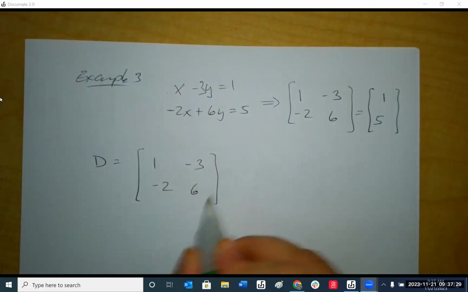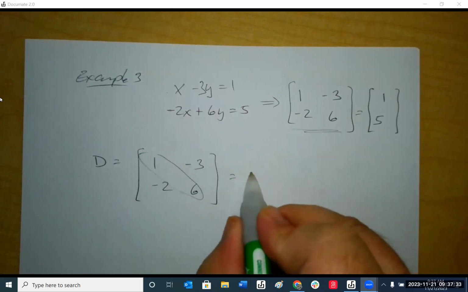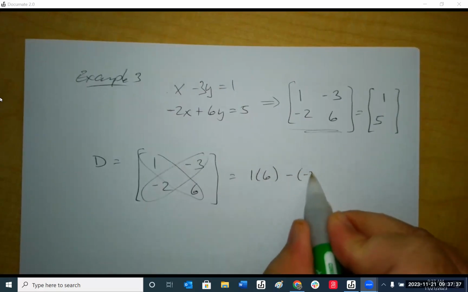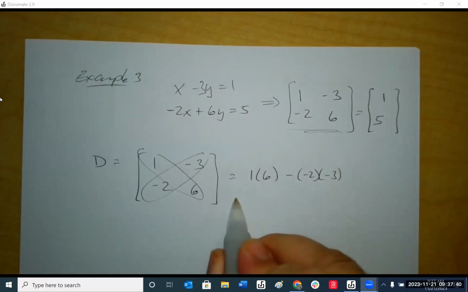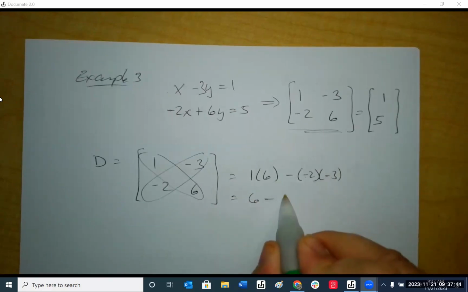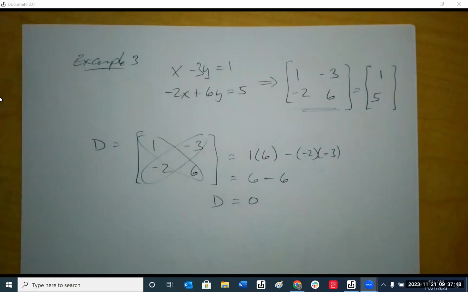So this original one is this one. 1 times 6 minus negative 2 times negative 3. Negative is a positive. We can't go any further.